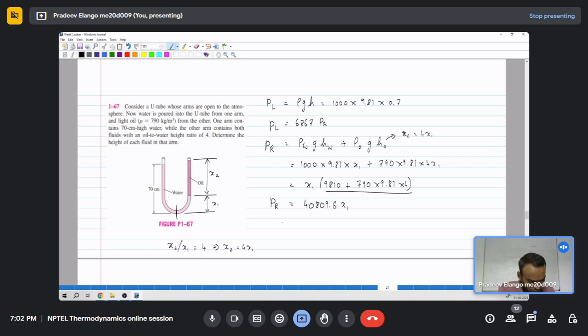Then we will have PL equal to PR. So this means 6867 is equal to 40.809.6 into x1. So x1 is 6867 divided by 40.809.6.